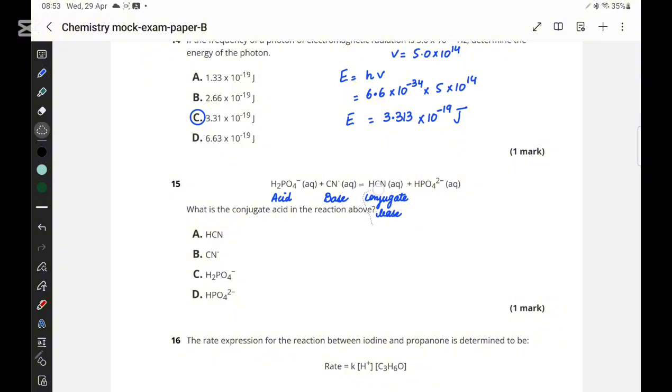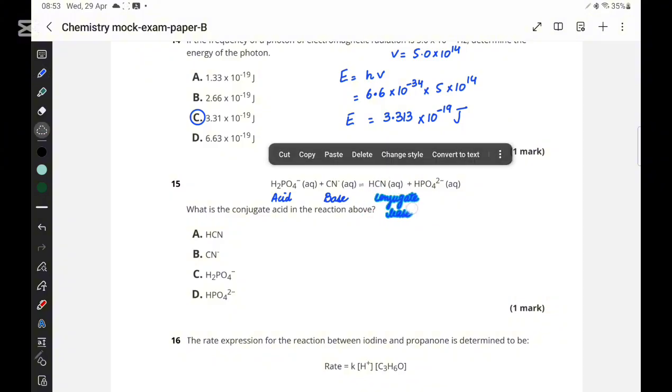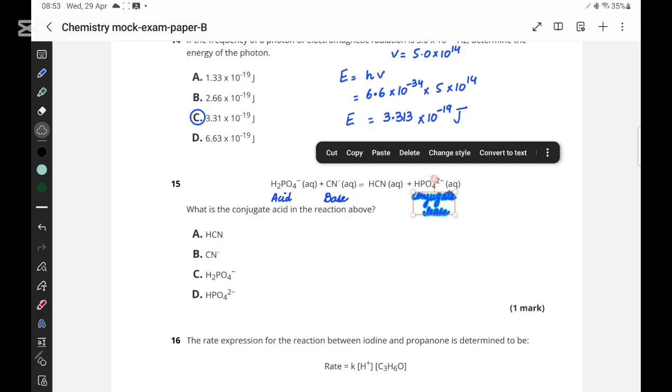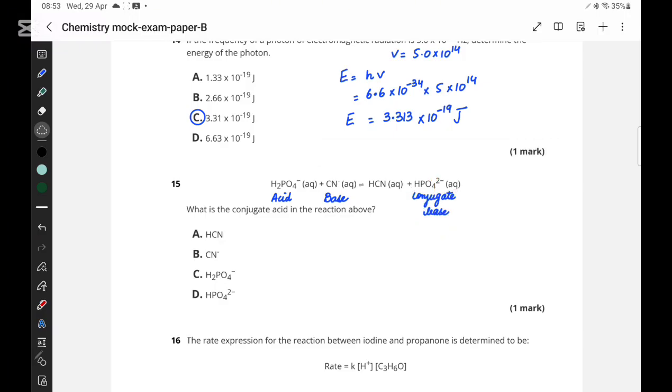Sorry, this is a conjugate base because when it donates a proton it becomes HPO4, so that is a conjugate base. And when a base accepts a proton, it becomes a conjugate acid, so that is going to be a conjugate acid.